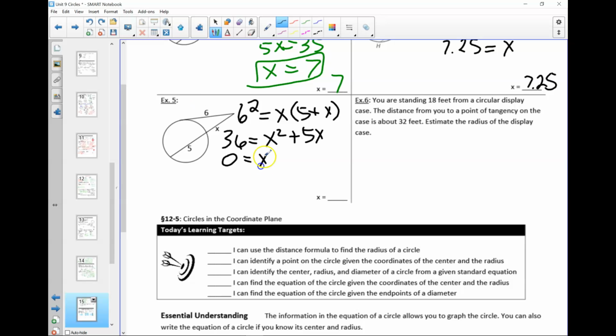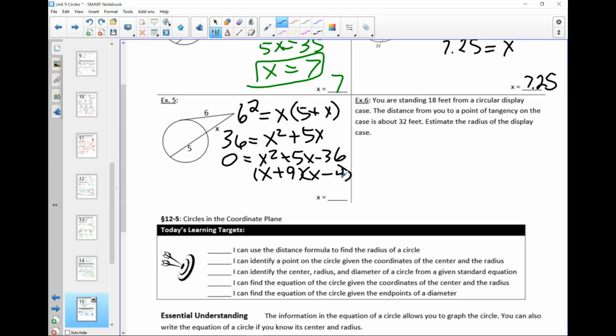Zero equals x squared plus 5x minus 36, sorry, just undo that. Factoring, we'll have (x plus 9) and (x minus 4).